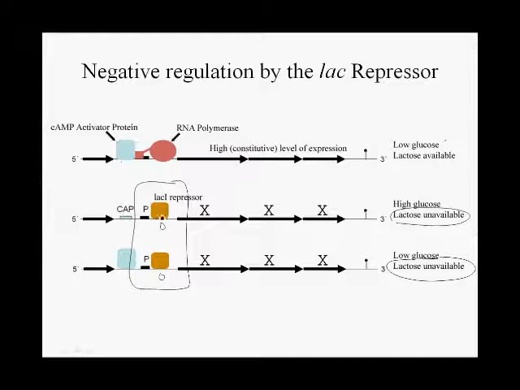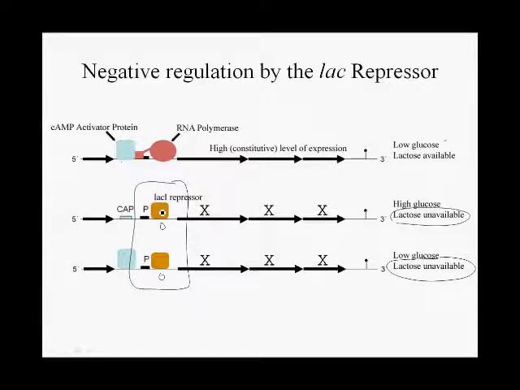and you'll notice that the operator site is sort of downstream and maybe slightly overlapping the promoter. So the LAC repressor then acts as an obstacle to RNA polymerase binding. It prevents RNA polymerase from binding, and even if RNA polymerase binds, LAC repressor acts as a roadblock and prevents RNA polymerase from proceeding to initiate transcription.